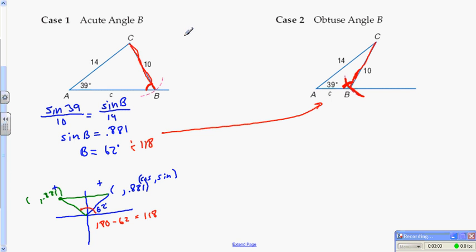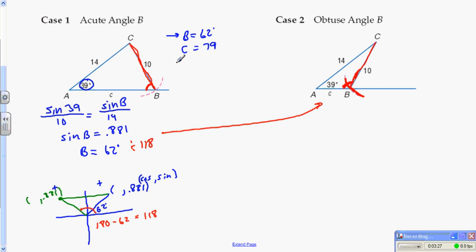Alright, so if angle B is 62 degrees, then angle C must be 79 degrees, because if you take 180 minus 39 minus 62, you get 79 degrees.